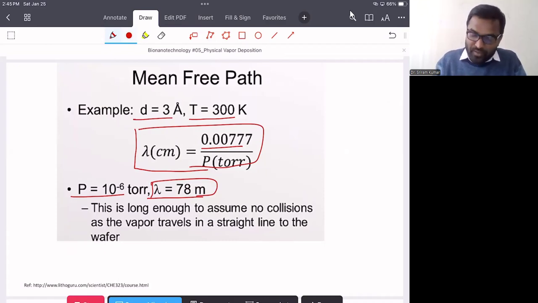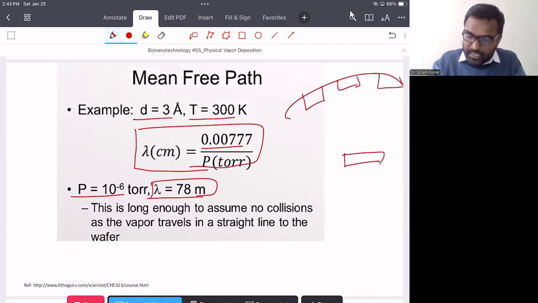And that's why you have the substrate here. You have the closed chamber, you put the substrate there, and you have the target material there, and you hit it, maybe applying high voltage.